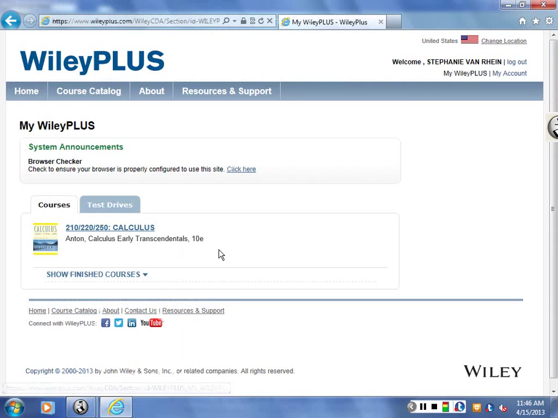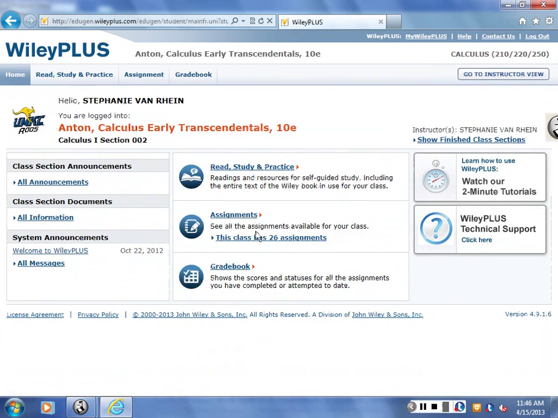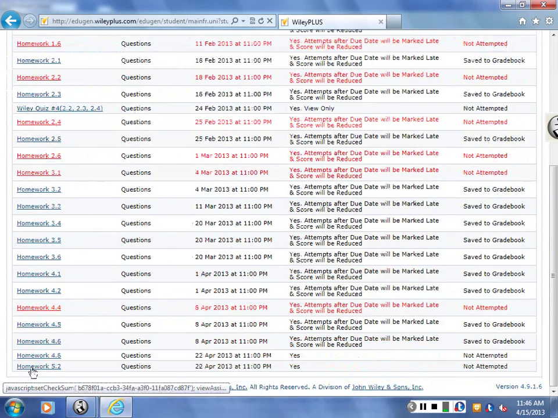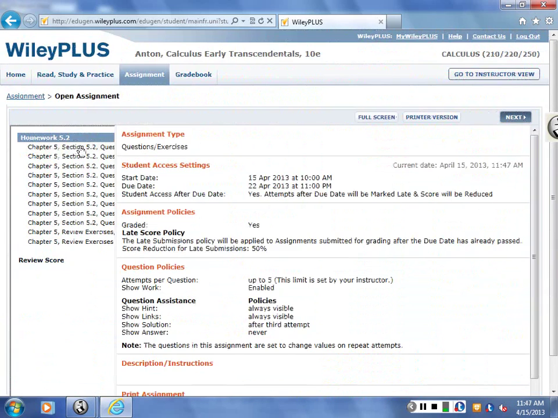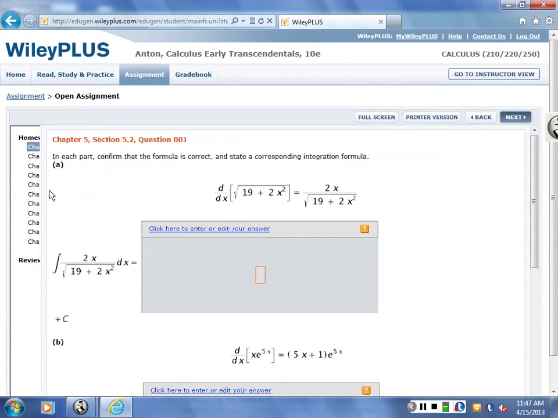Okay, so if we go back to some of the questions in this section, I've assigned 5.2, which is due a week from today. Most of them are kind of funny at the beginning. It gives you that the derivative of this function is this. So if I integrate this function, I should get back the original function, right?